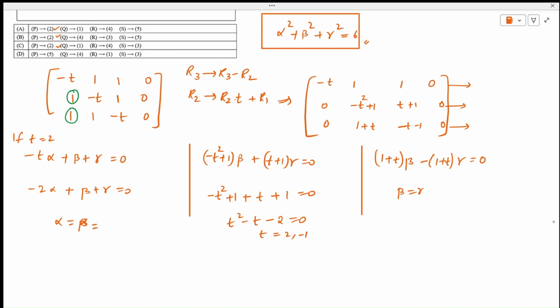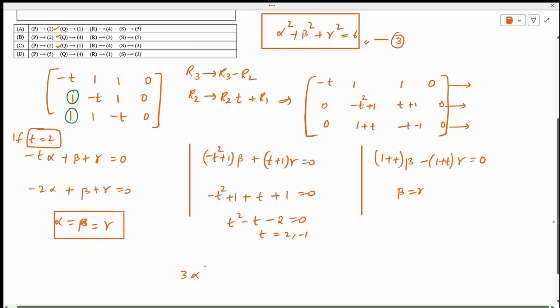If alpha is equal to beta, then it is also equal to gamma. If these three are equal, when are they equal? If t is equal to 2. If we substitute that in this equation, we'll get 3 alpha square is equal to 6. So alpha square is equal to 2. That means alpha equal to root 2.